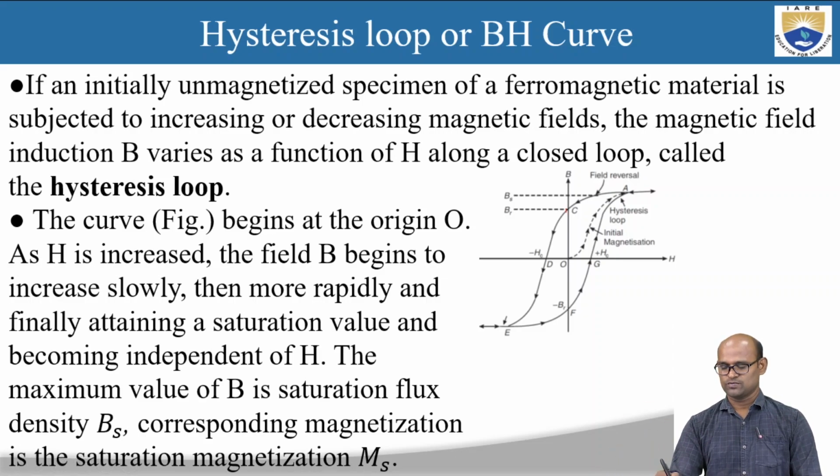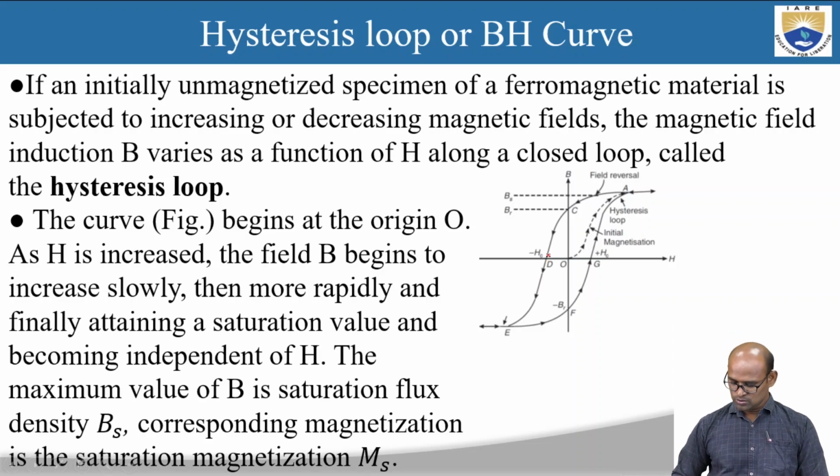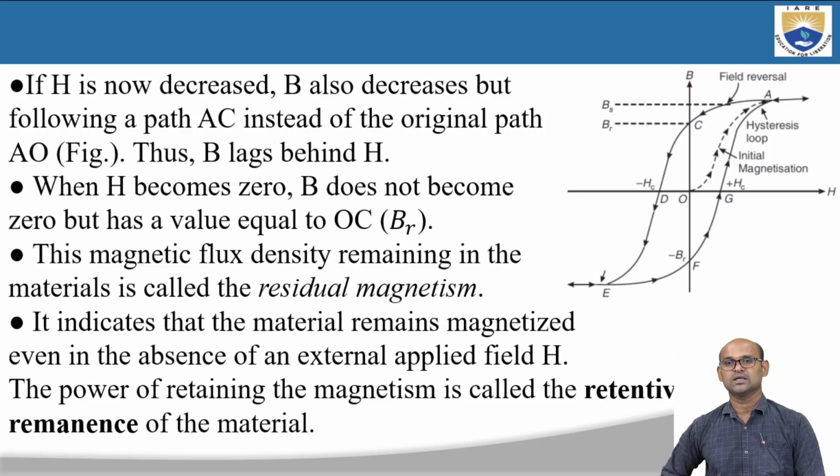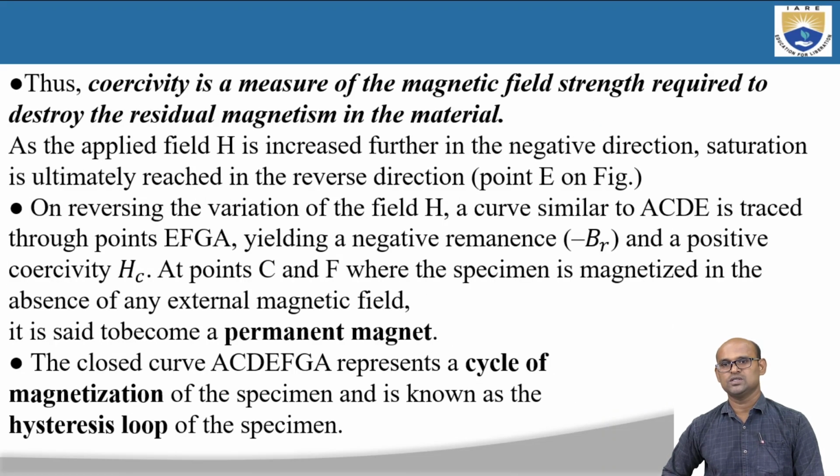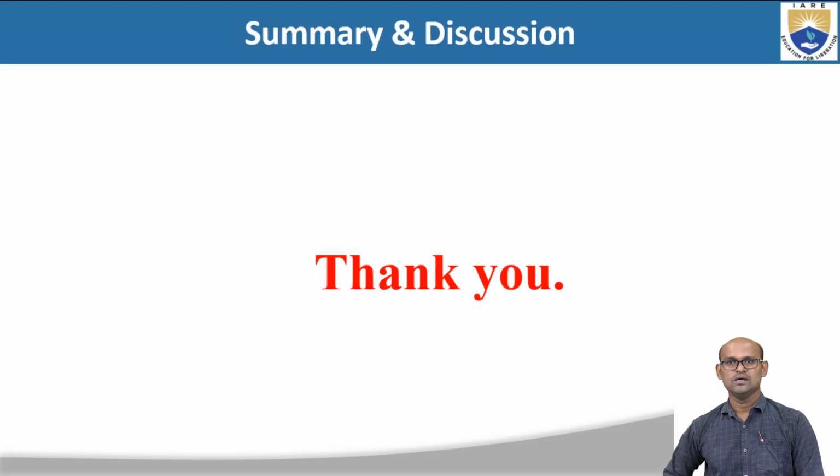That is why you have some residual magnetism. When you apply the field in the reverse direction, all those spins become random, and that is why you get zero magnetic induction. So explaining the magnetic domain theory, we can explain this hysteresis loop, which is used to calculate the energy loss of a ferromagnetic material. To summarize, in this presentation I have discussed the long answer questions of module 4.